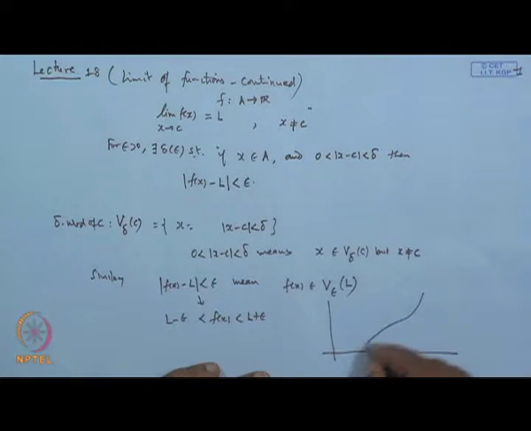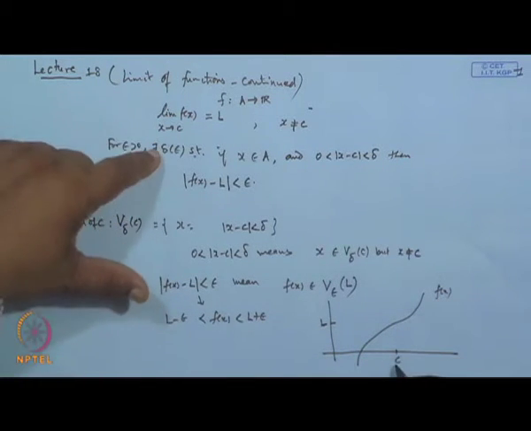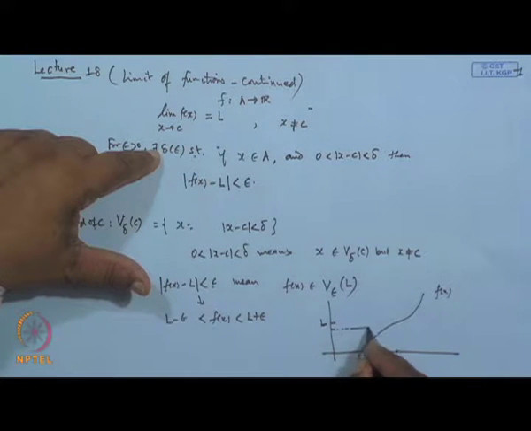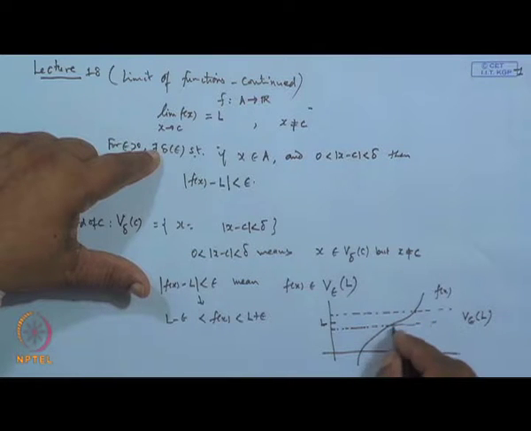say this is our function f(x), and here is the point c, and this is L. So, what it says is that the limit of the function f(x) when x tends to c means, for a given epsilon greater than 0, if I consider the epsilon neighborhood V_epsilon(L), then corresponding to this neighborhood we can find a delta neighborhood of c, from c minus delta to c plus delta, where c may not be included.